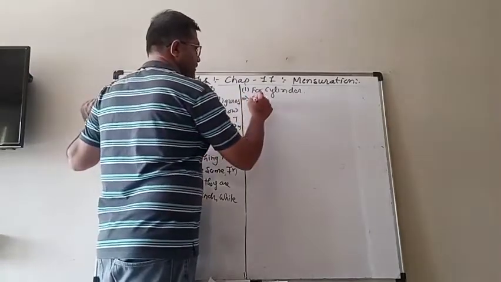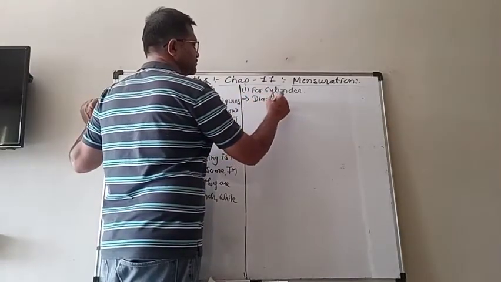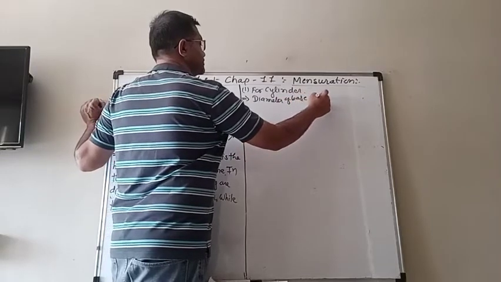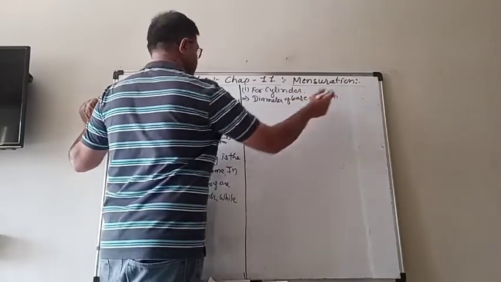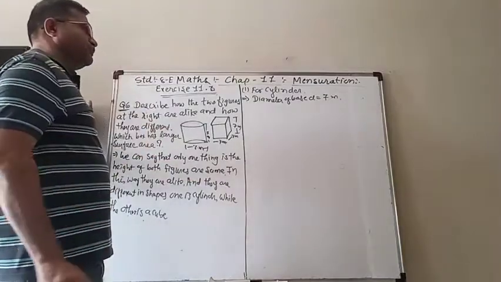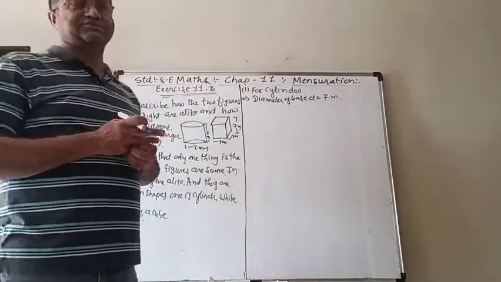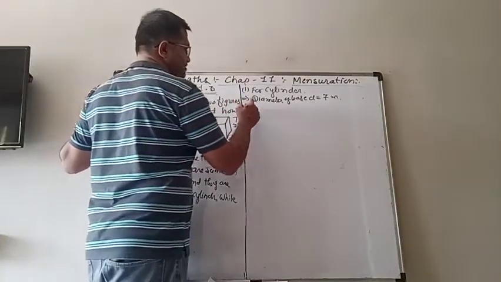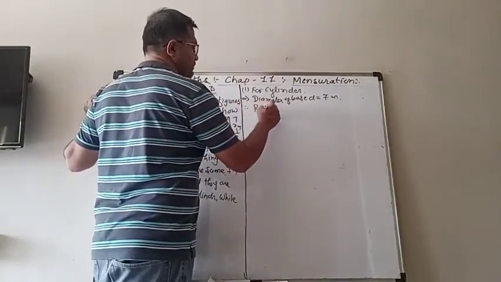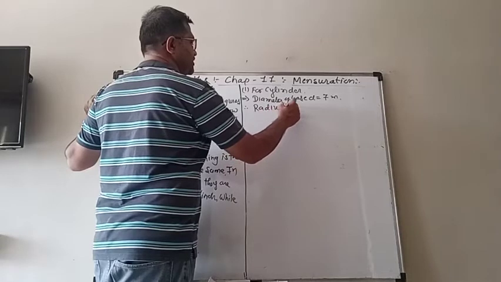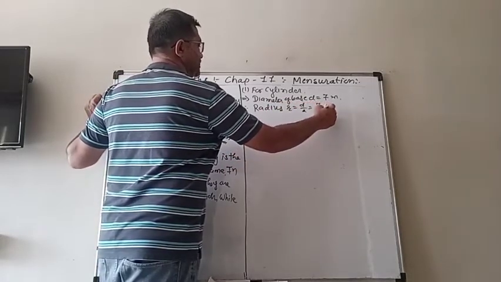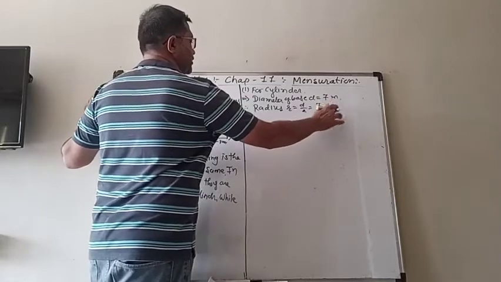So diameter of base D is given as 7 meter. So first of all we have to find the radius, and we know that radius is half of the diameter. So radius R is equal to D upon 2, that is 7 upon 2 meters.